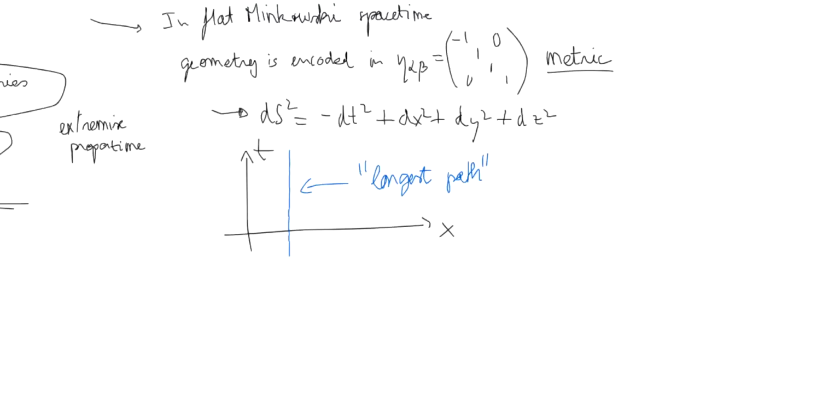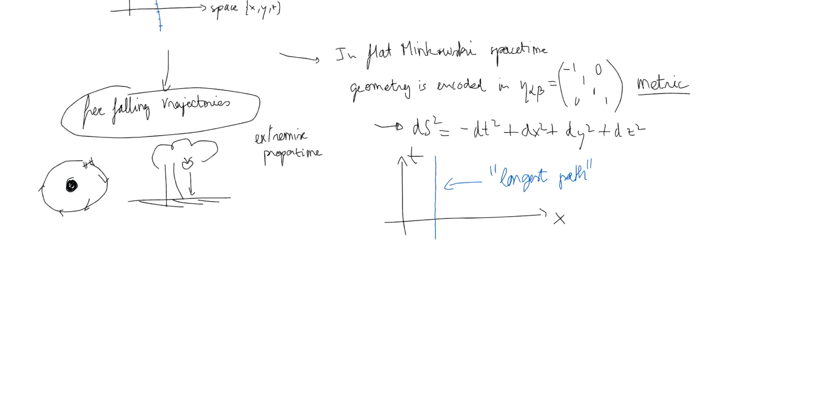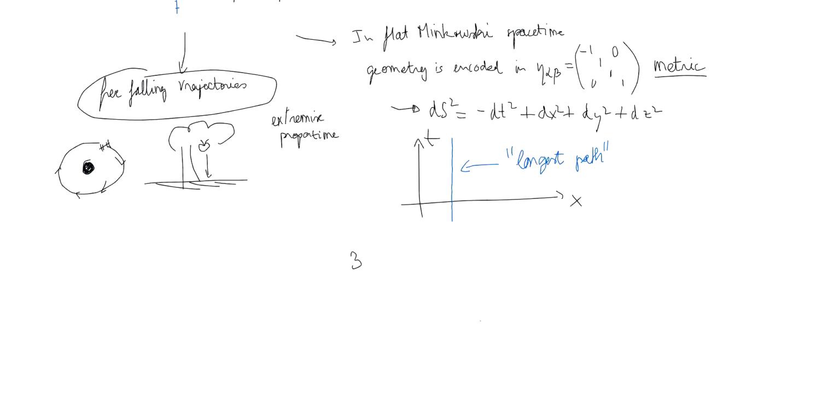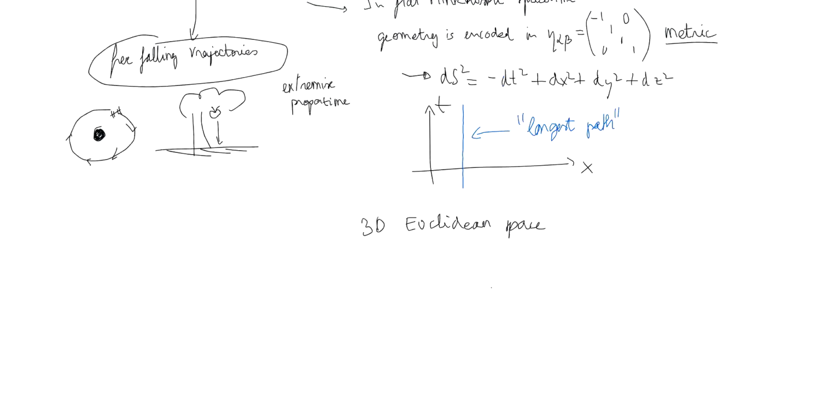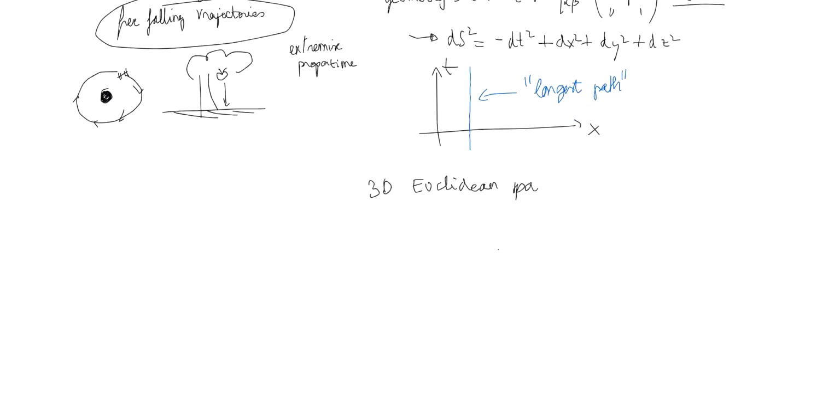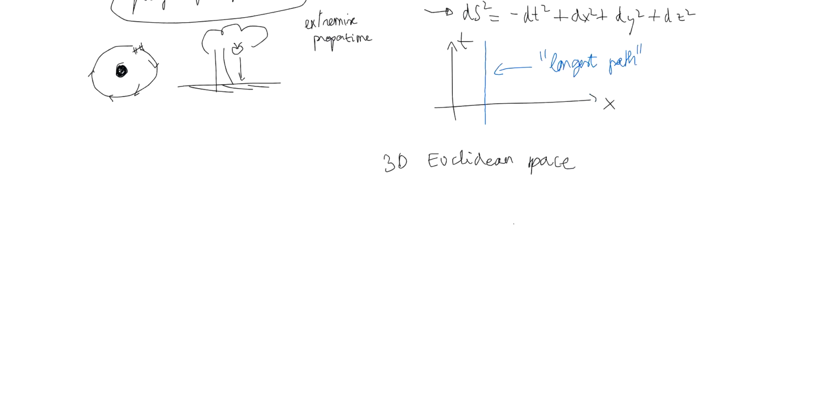If we forget time for a minute and consider just 3D Euclidean space, then we know that a geodesic is a straight line too, but now in Euclidean space this is the shortest path.